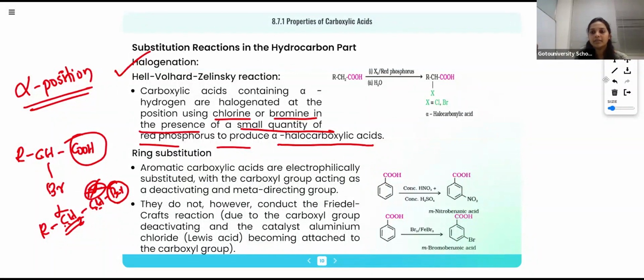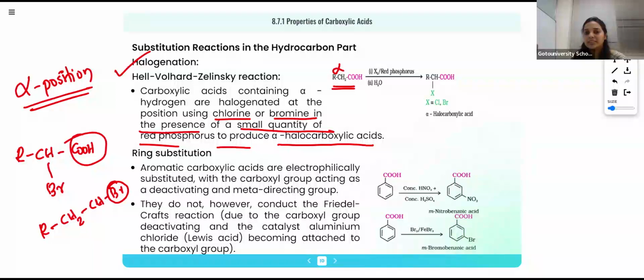So carboxylic acids containing hydrogen are halogenated at the alpha position. This is the carboxylic acid. What are you doing? First, we are halogenating the compound at the alpha position.